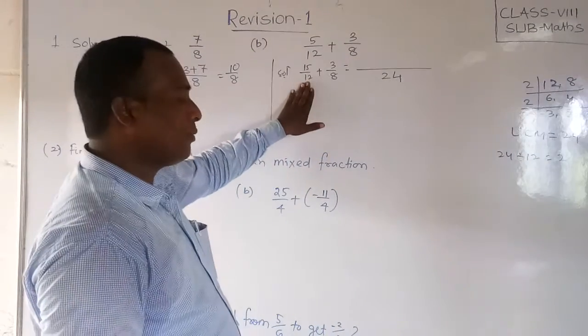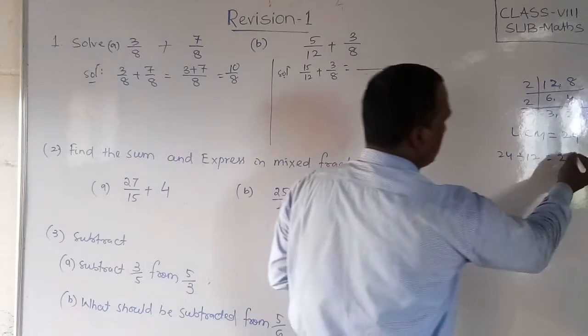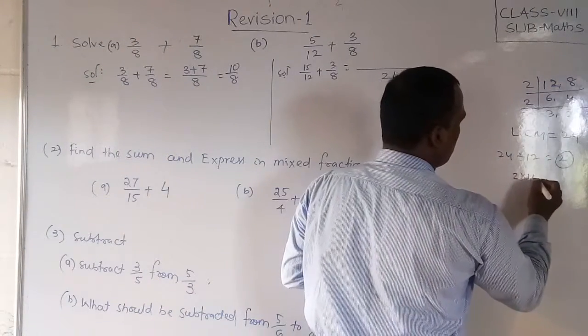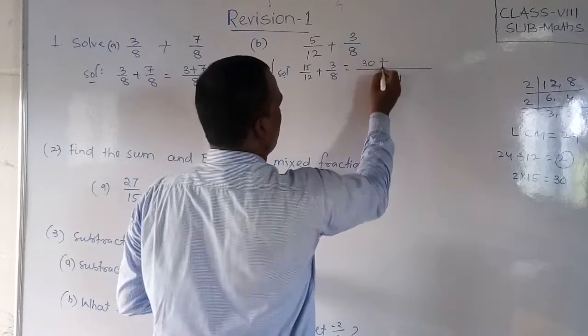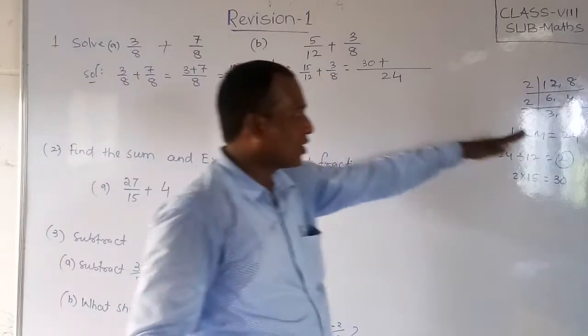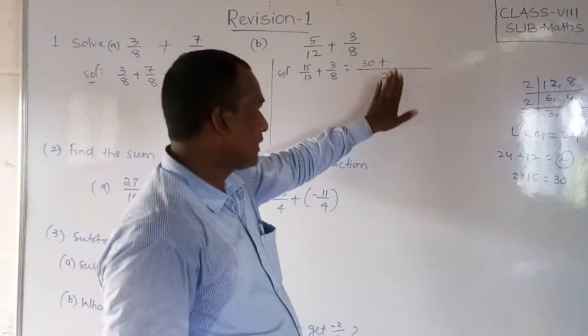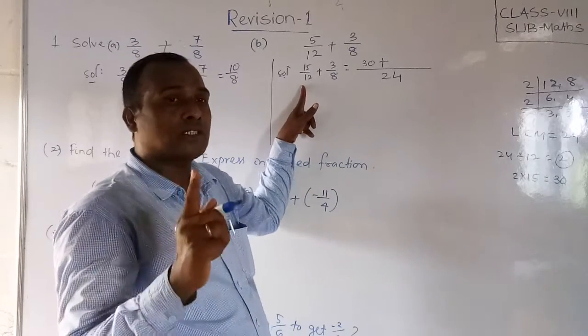Then 2 into the numerator 15 is 30. Write down here, friends, 30. It is a simple way, the same thing only. The LCM we got is written here, and that LCM is divided by the denominator. Very important.